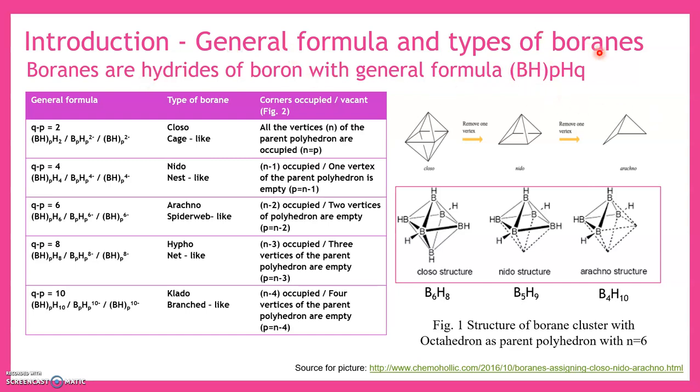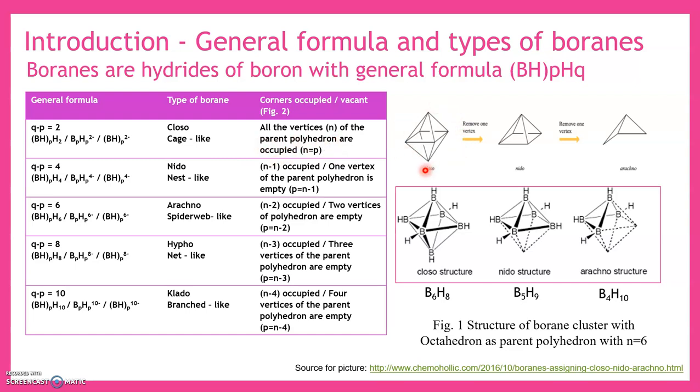We are going to take this general formula BpHq. When q minus p is equal to 2, that is when BpH(p+2), or in the anionic form BpHp 2-, then we are referring to the cage-like structure where all the vertices of the polyhedron remain occupied.